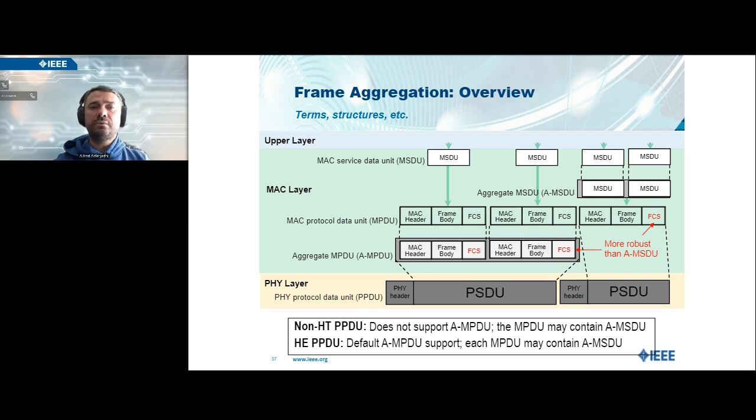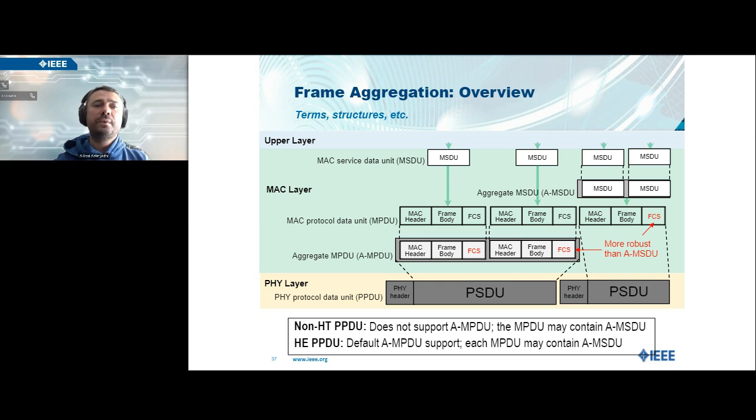So as you can see, we have two different aggregation modes at the MAC layer. We have A-MSDU aggregation and A-MPDU aggregation. One of the differences between the two is that A-MPDU aggregation is more robust than A-MSDU, because each of the payloads is protected with an FCS, as opposed to the A-MSDU, which essentially relies only on a single FCS for protection.